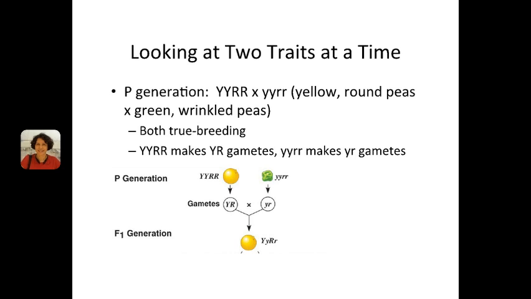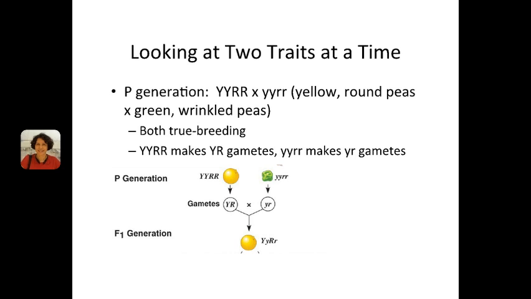And the traits that are selected for this cross are the color of the pea, in which we are going to be comparing yellow versus green, and yellow is dominant over green, and the texture of the pea, where we compare round versus wrinkled, and round is dominant over wrinkled.